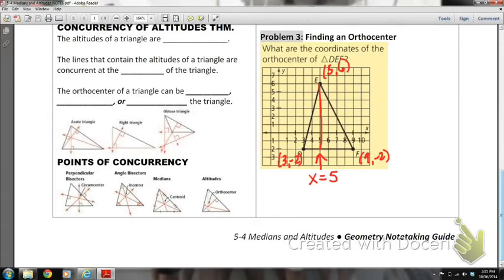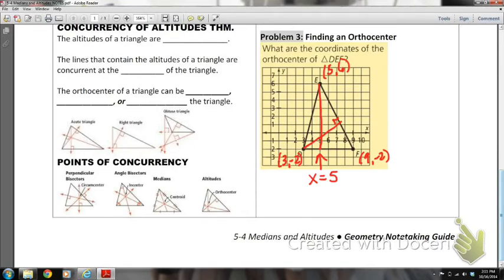We're going to look at the altitude that goes from point D to side EF. I just sketched it there, but we need to find the exact equation of that line.